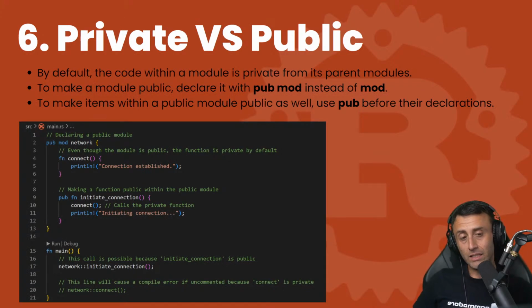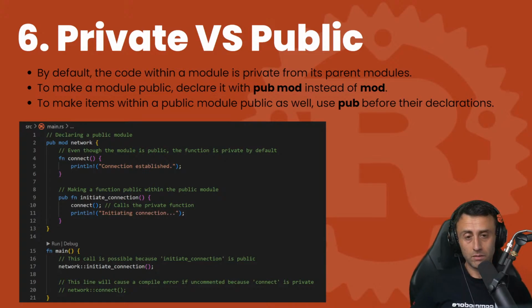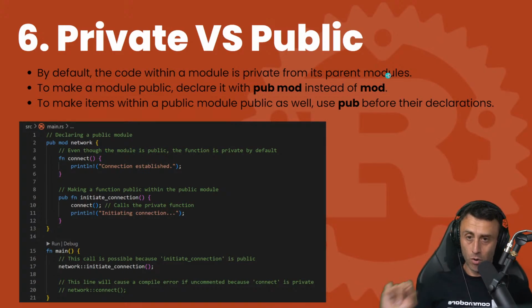Okay, let's see just 2 more concepts. The first one is private versus public. By default, and this is very important, the code within a module is private from its parent modules.